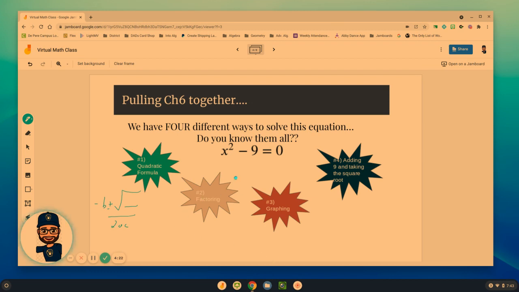We could certainly factor this and show that x plus 3 times x minus 3 are the two factors. A few more steps maybe, but it would work. We could graph y equals x squared minus 9 and find the zeros, or we could add 9 to both sides and then take the square root, which is where we are primarily focusing today.